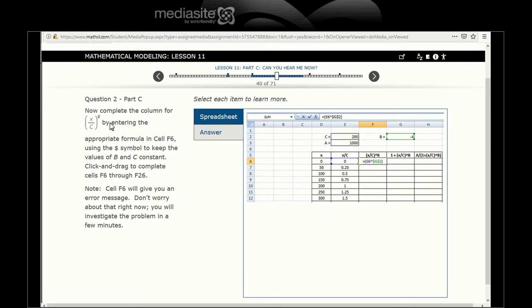Now complete the column for x over c to the b. Okay, so we want x over c, which is here, and we raise it all to the b power, which is over there. And then we don't want that to move around, so we will anchor those.